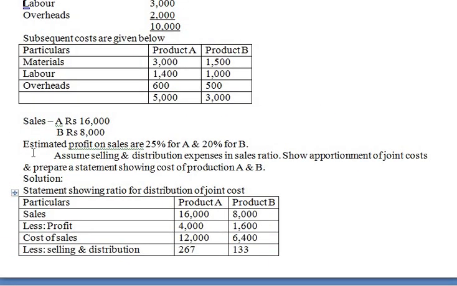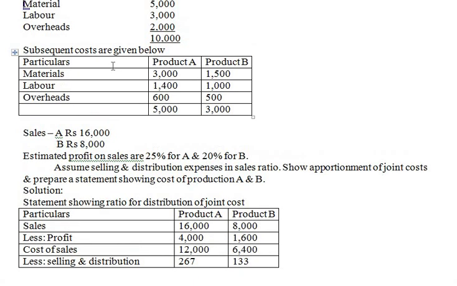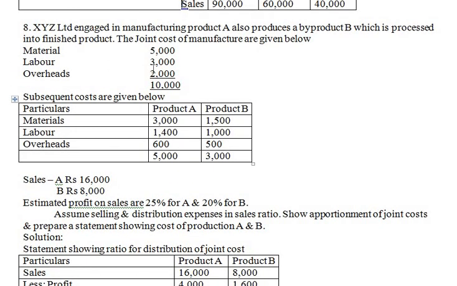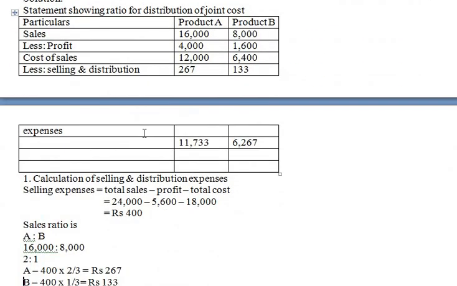Now what they have given? Subsequent costs are given below. Whatever expenses they have given, this is for separation. So these are the expenses after separation. Now these expenses have to be deducted.